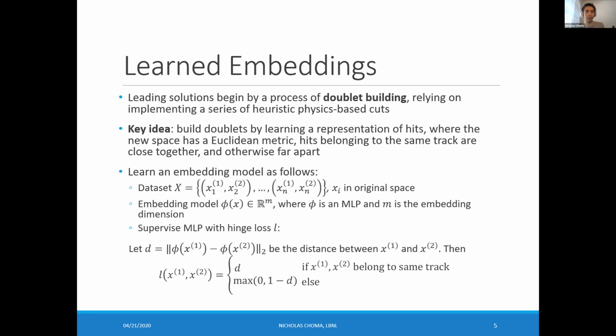To do this, we construct a data set that consists of pairs of hits and their labels. A pair of hits is labeled 1 if they belong to the same track, otherwise 0. The embedding model takes in one hit, which has the XYZ position in the original space as well as the cell direction information, and embeds it into this new Euclidean space, which has an embedding dimension of M. In our work, we use an embedding dimension of 8.